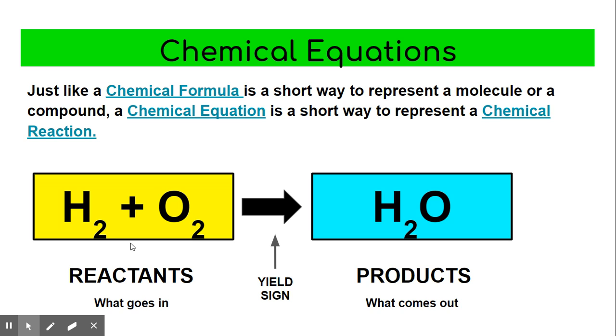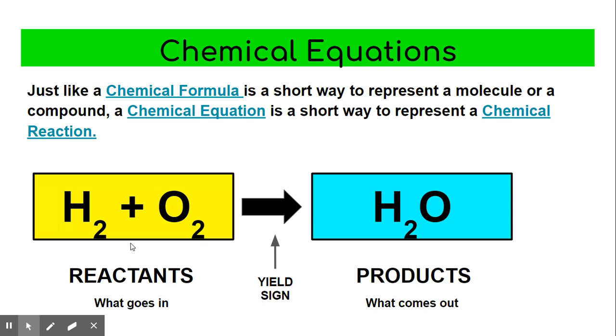These are the individual ingredients that go into making what we call the products. So the reactants are what goes in, and the products are what is created afterwards. The part that divides those two sections, that arrow, is called the yield sign. It's very similar in math to an equal sign.